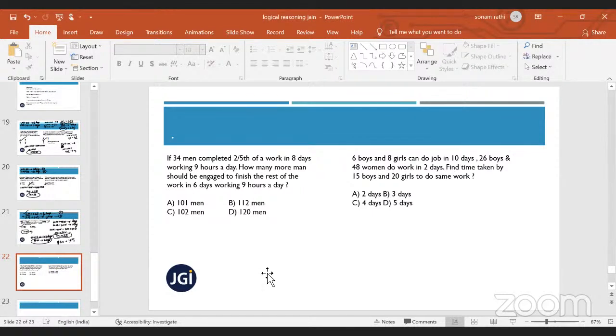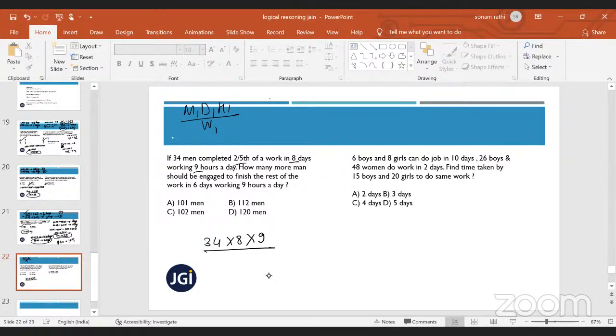Okay, 34 men can complete 2/5 of work working in 8 days, working 9 hours a day. So this is a question of M1, D1, H1 upon W1. So 34 men working 8 days, 9 hours.